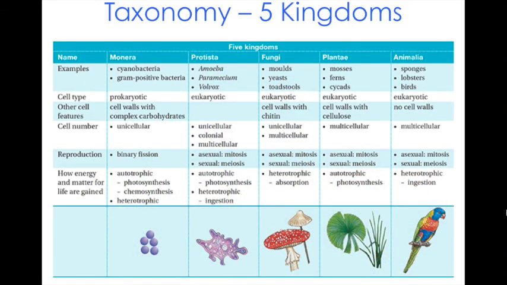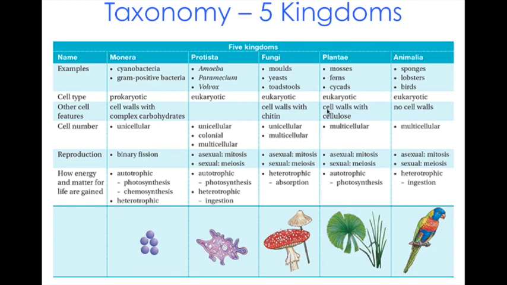Yeah, and then you've got characteristics of each one, right? I won't go into too much detail, but the main thing you can see there: unicellular is used for Monera. Protists can be uni or multicellular, same with fungi, but your plants and your animals are multicellular.